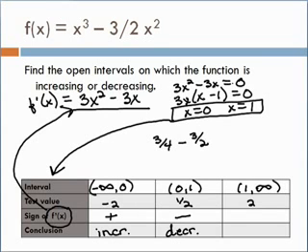So therefore it's decreasing on the interval from 0 to 1. And then the 2: we plug in a 2, and we get 2 squared times 3 is 12. 12 minus 6 is 6, so it's positive. So it's increasing on that interval also. Okay, let's try one more.